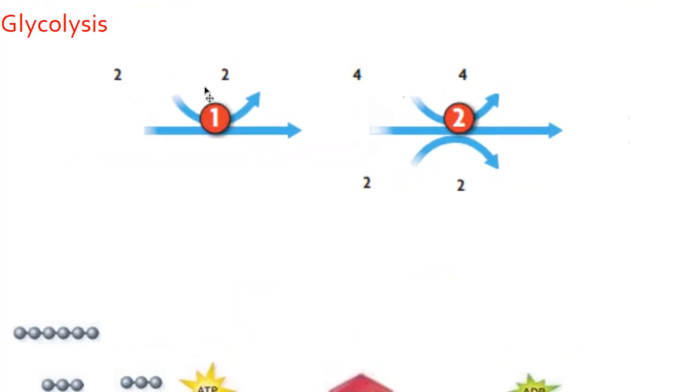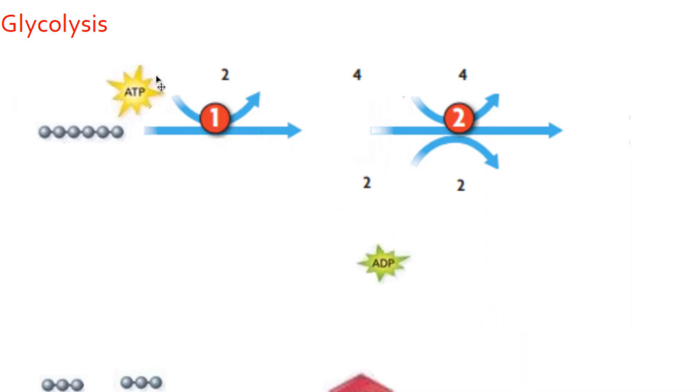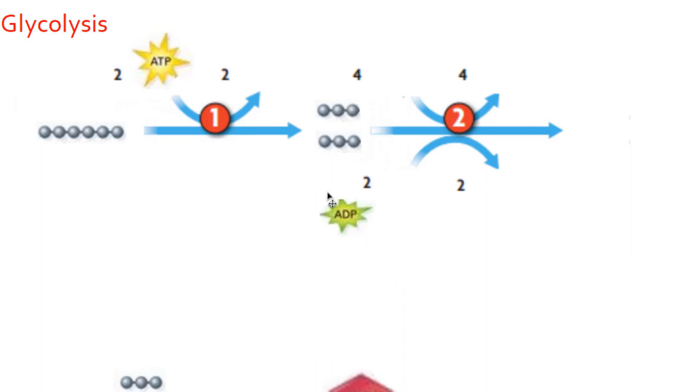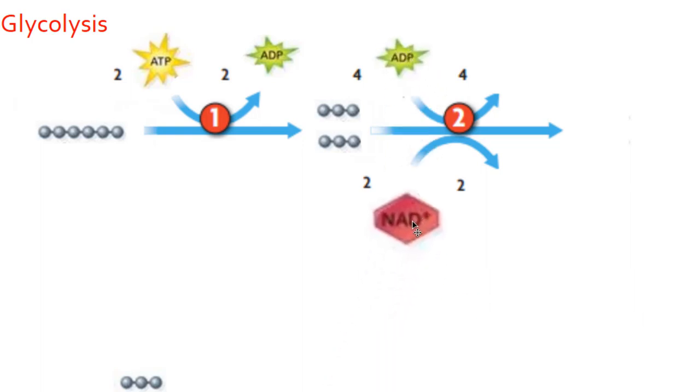So what do we have here in glycolysis? You have your glucose coming in. You have your ATP coming in. It's breaking bonds, and it breaks it into two 3-carbon molecules. You're making some ADP. Then you have your ADP coming in, and you have your NAD+ coming in.